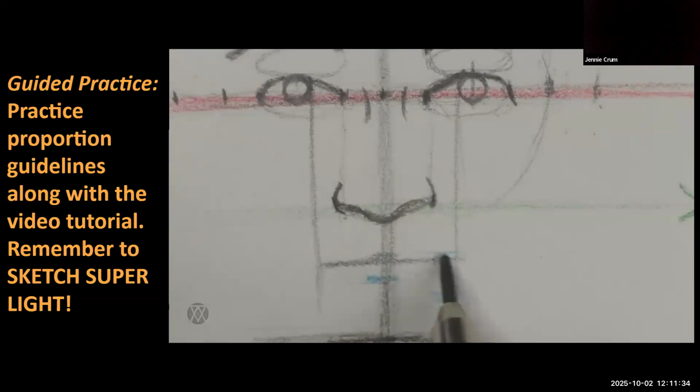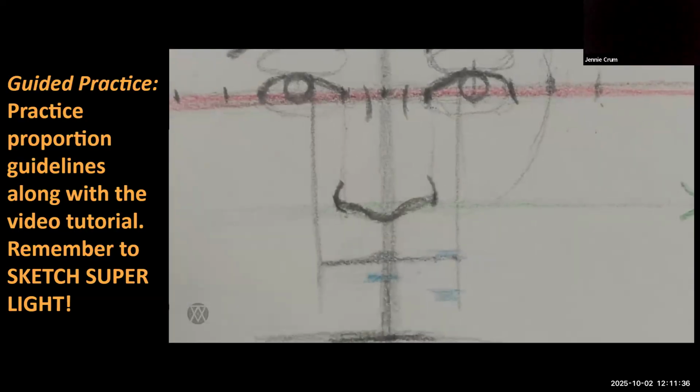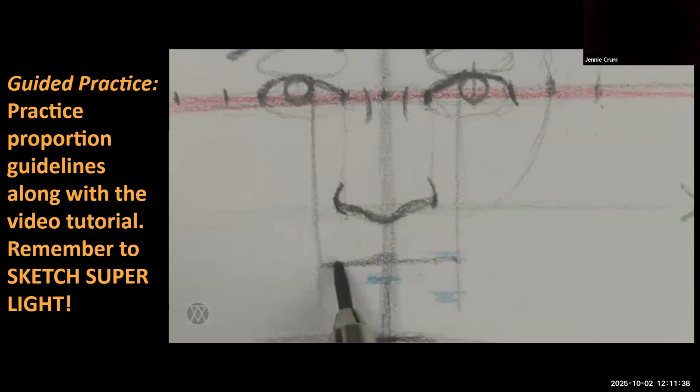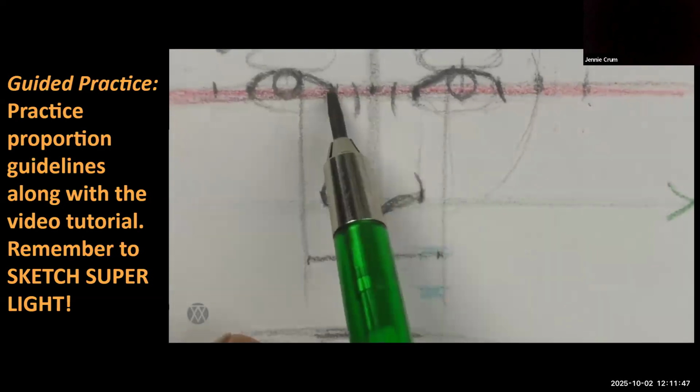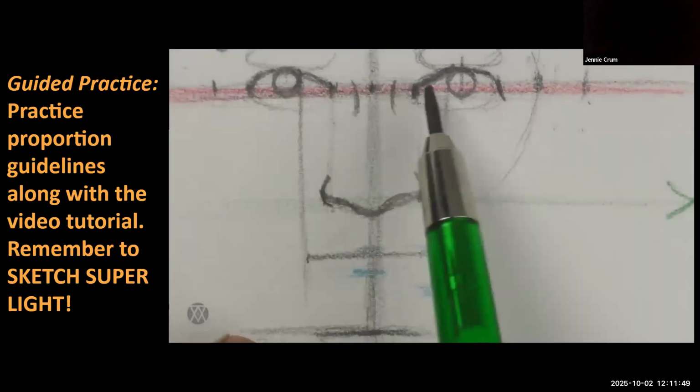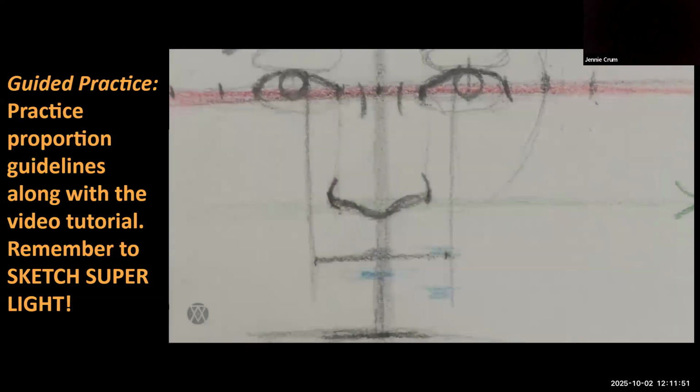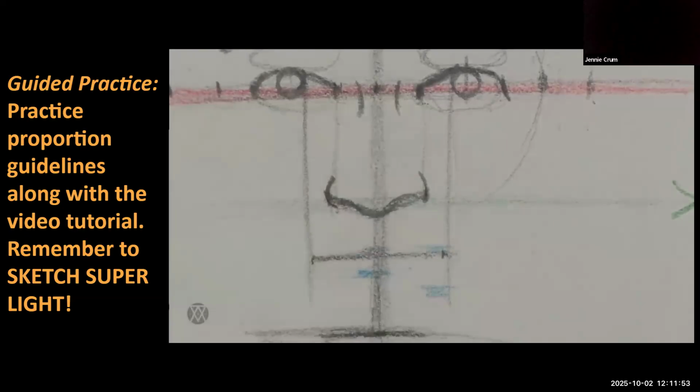So I draw a line and that establishes it. So in essence, in terms of eye measurement, the width of the line between the lips is really like one eye, an eye and a third, an eye and two thirds, or say 1.5 eyes. Okay, simplify it for yourself's sake.